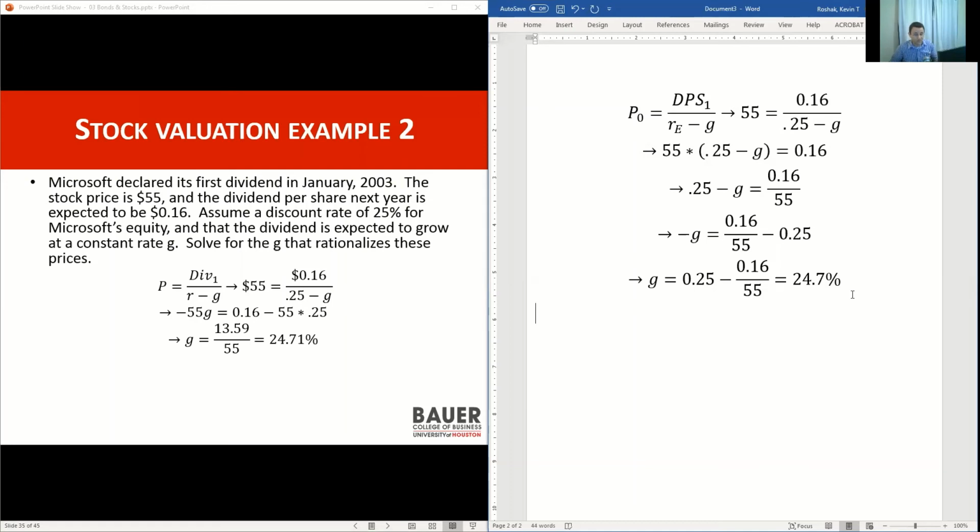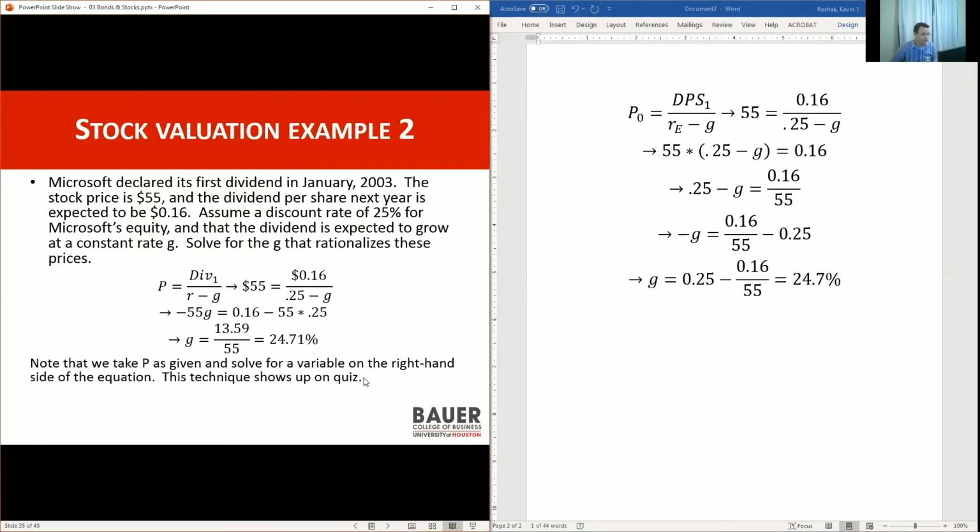What was weird about those valuations is that they implied super high growth rates on the dividends. These companies were not paying much in dividends, so the only way to rationalize the high prices was to assume that there's going to be a lot of growth going forward. And so like I said, this is a useful benchmark to think about what the price implies about the growth in the dividends.